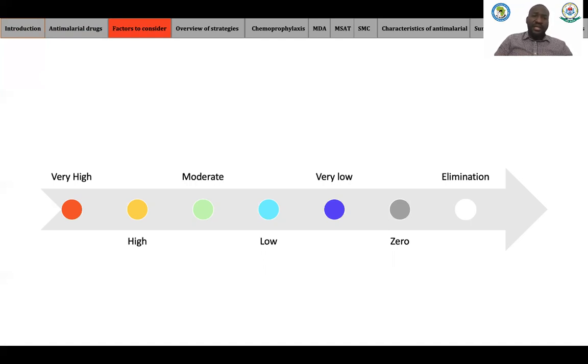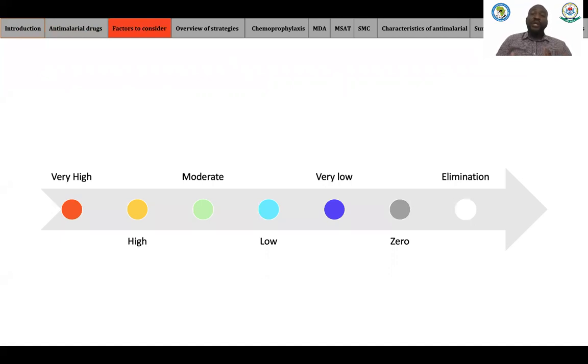So in this context, you need to consider that in very high or moderate settings, you have a population of people who will be asymptomatic, might harbor the reservoirs, and will continue the transmission. But in settings of low, very low, or even where they've reached elimination, the majority of the population have not been exposed to the parasites for a long period, sometimes more than 3 to 5 years.